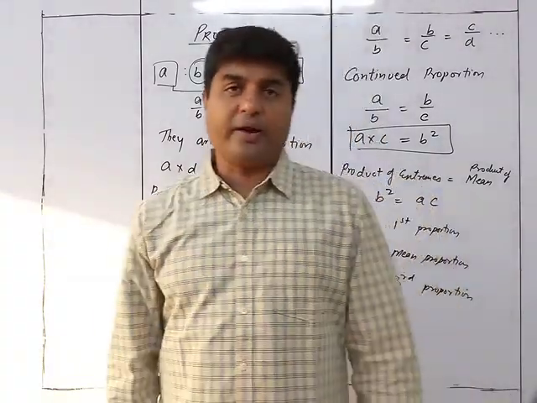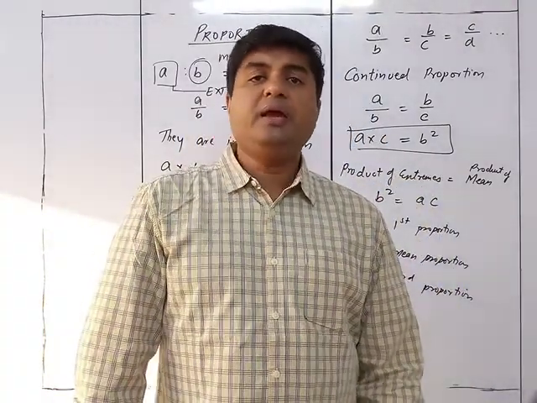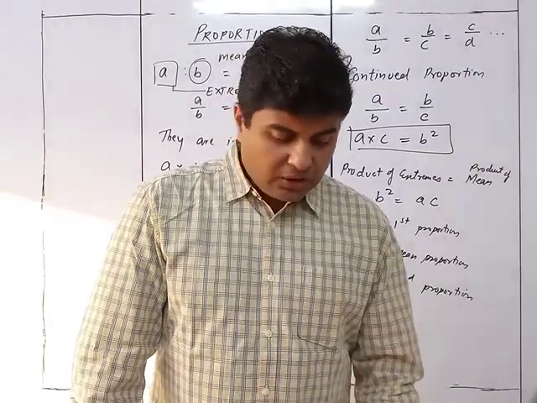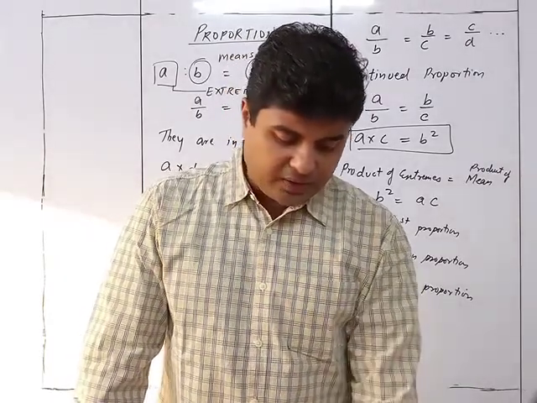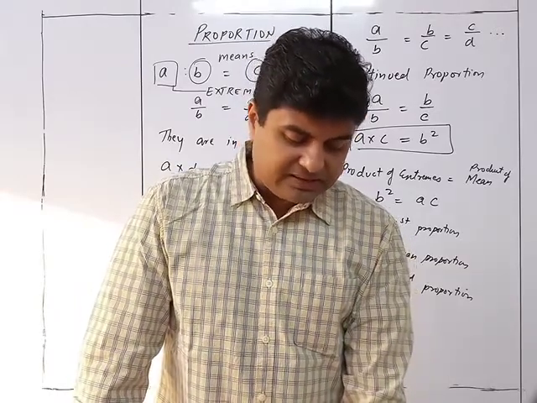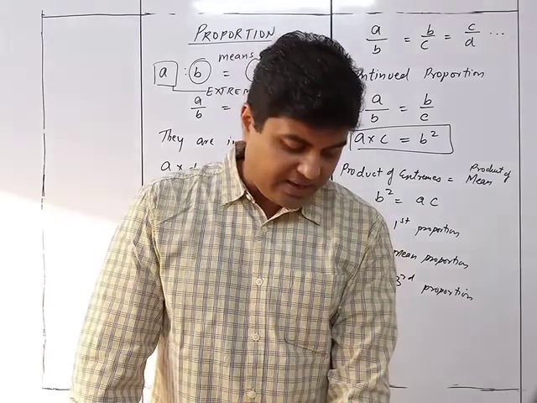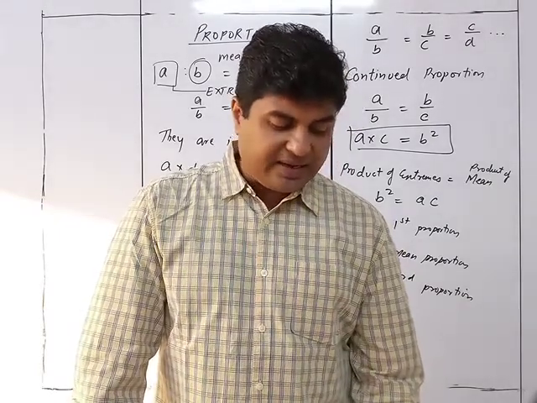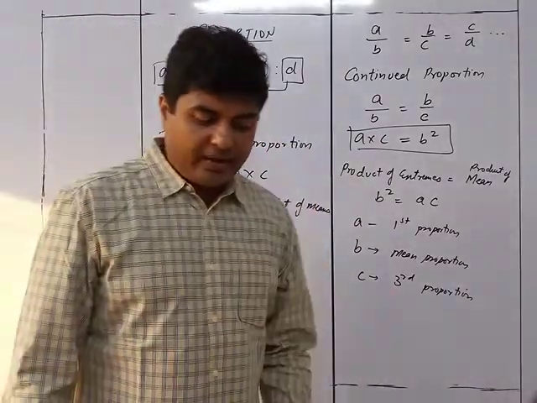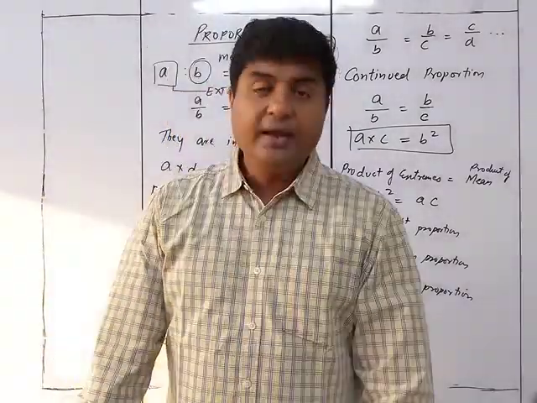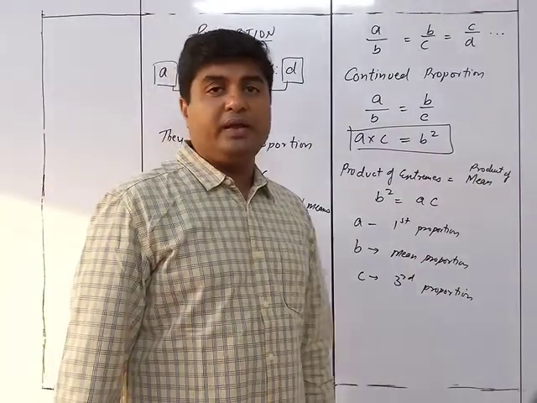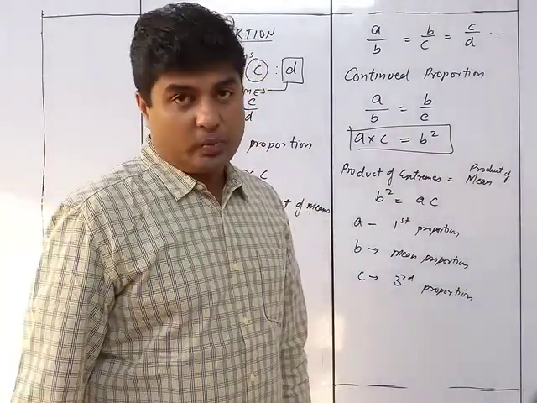When you are asked to find B, you are asked to find the mean proportion, when A is the first proportion. If it is A, B, C and D, it is the normal proportion, where A into D will be equal to B into C. And in this case, it will be A into C is equal to B square.